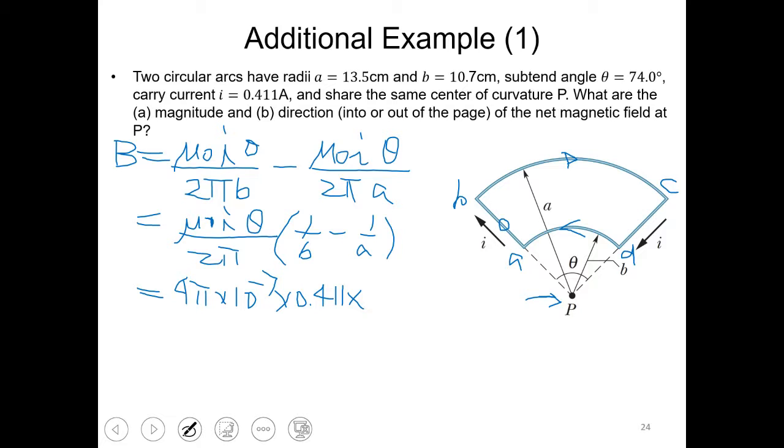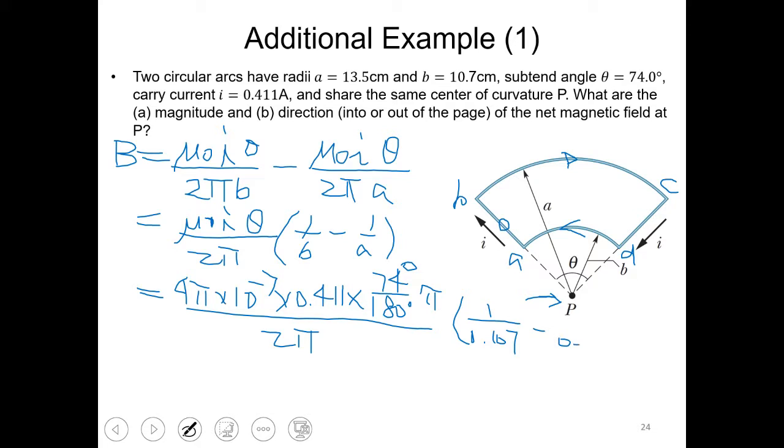We need to convert it into radians, so it will be 74 over 180 times pi, over 2 pi, and B is 0.107 minus 0.135, something like this.